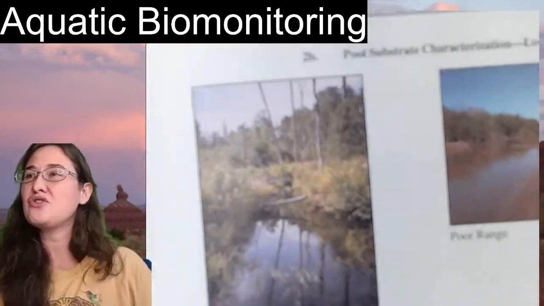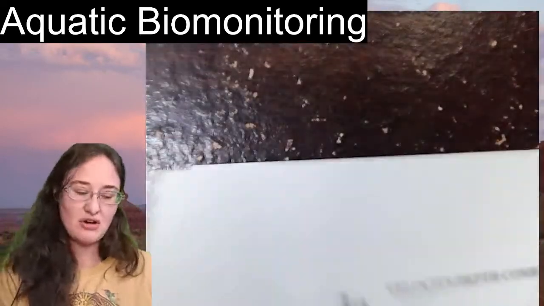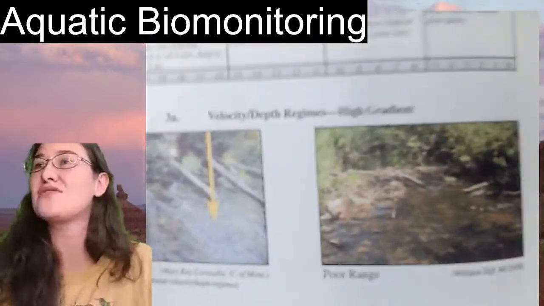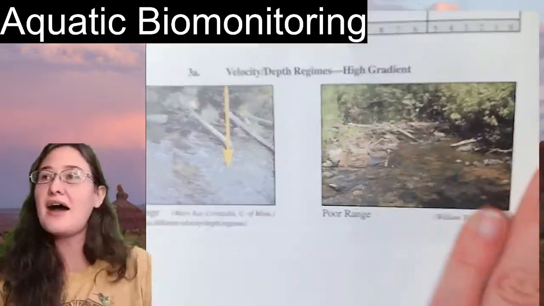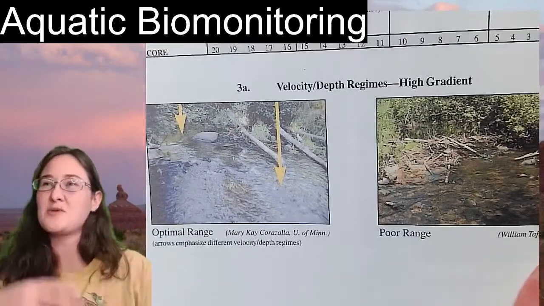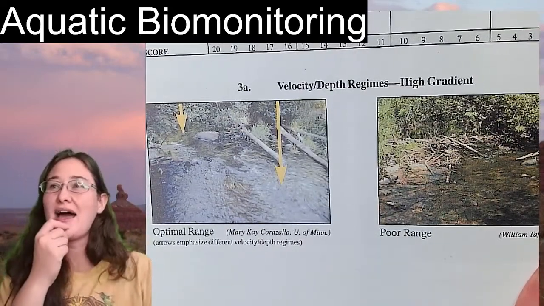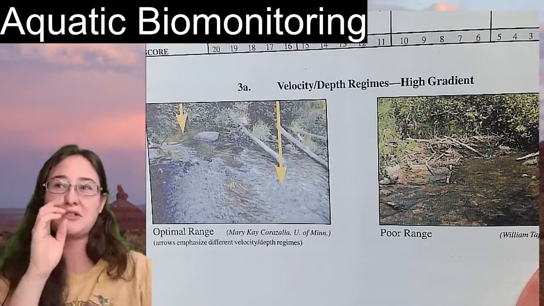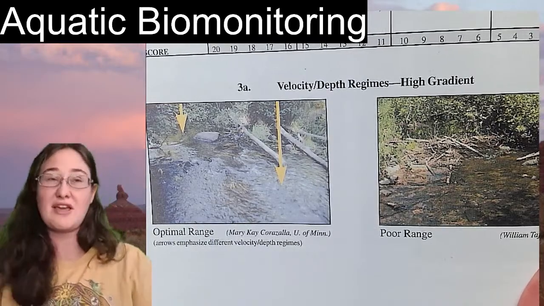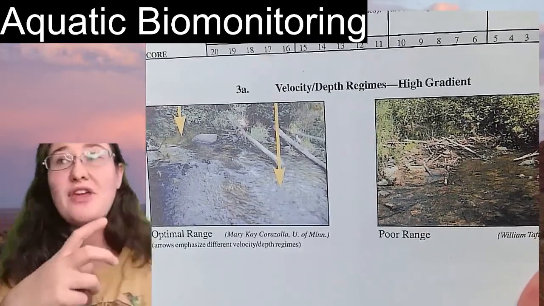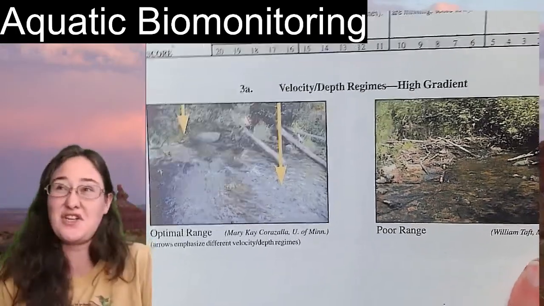And where you don't have insects, you also generally aren't going to have fish, because you need insects for fish food. A lot of times, especially in embedded rocks, there are some species that lay their eggs amongst the rocks, and if the rocks are too embedded, the fish just won't be there.